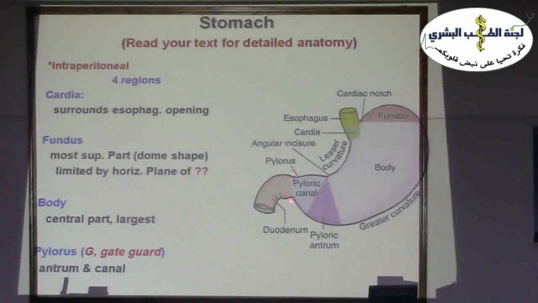At this area here, the pyloric orifice, where the pyloric canal opens into the duodenum, the inner circular layer of muscularis externa... So you know from yesterday that in the GI tract we have mucosa, submucosa, muscularis externa, adventitia or serosa.